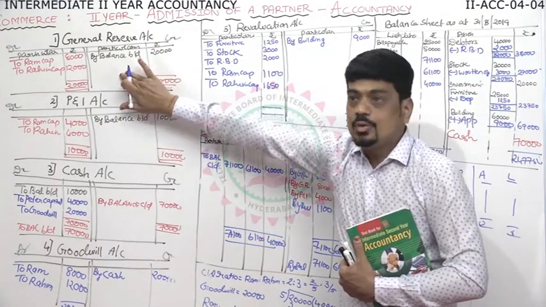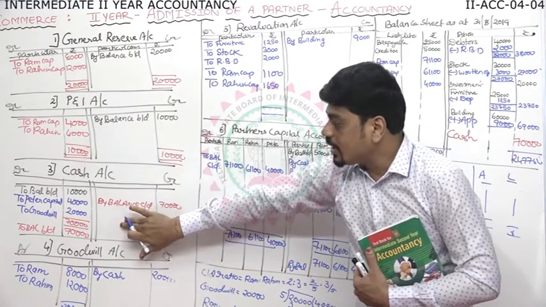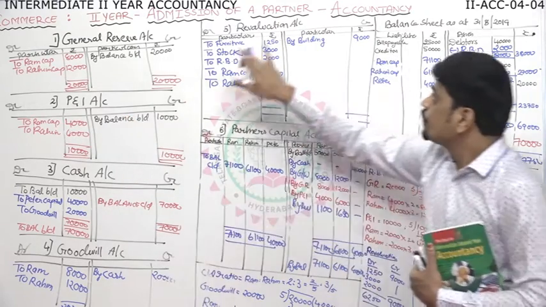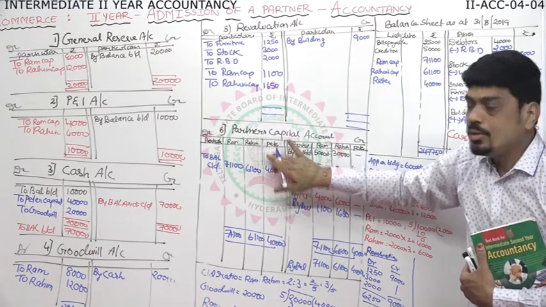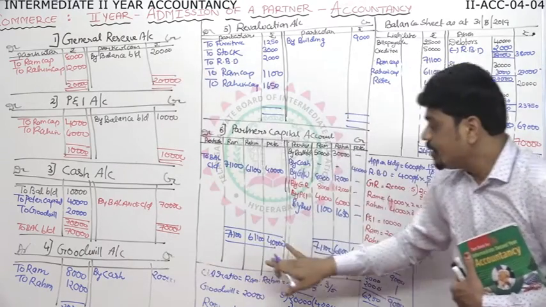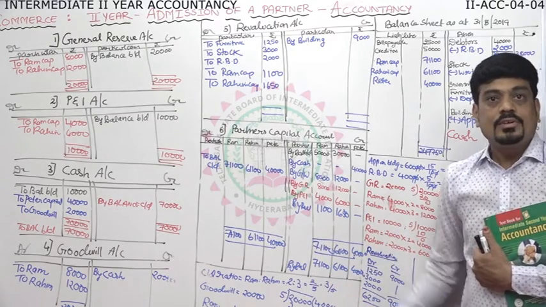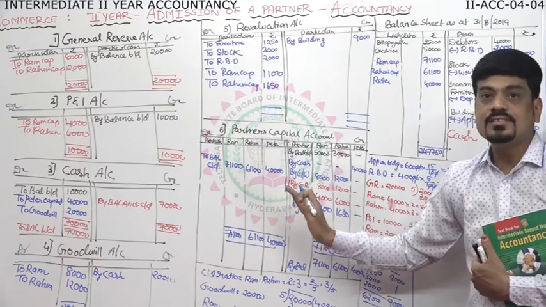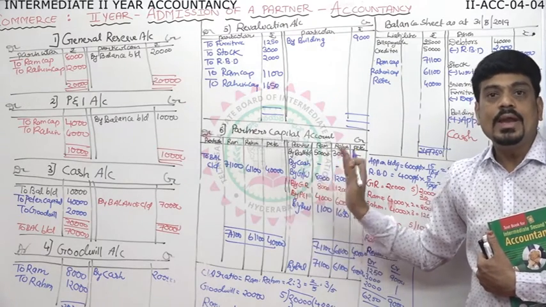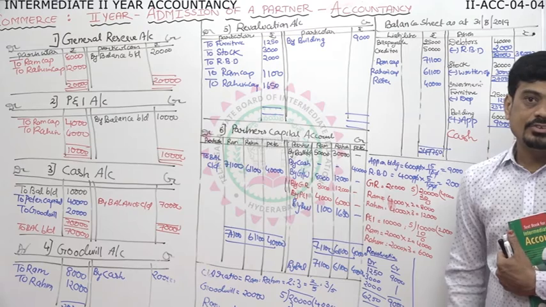General reserve account, profit and loss account, which may or may not come, cash account, goodwill account, then your revaluation account, then your partners' capital account. Follow this sequence always. Then your balance sheet and all your working notes. If we do the solution like this, you will get an accurate answer, and this will help you get a total of 20 out of 20, dear students.